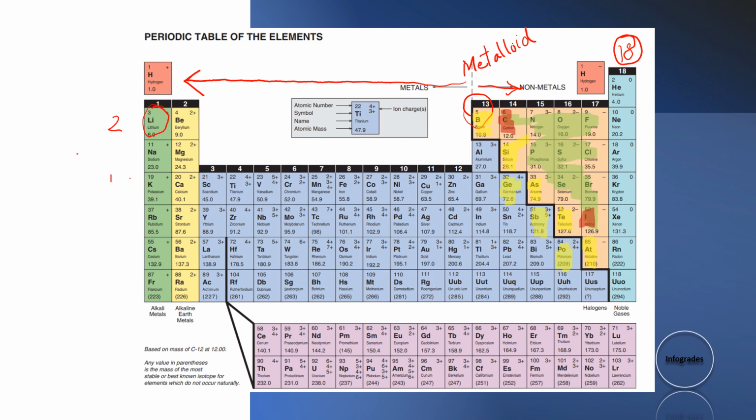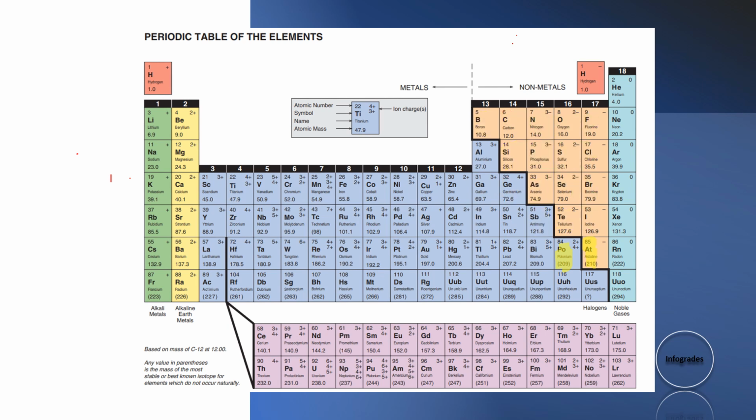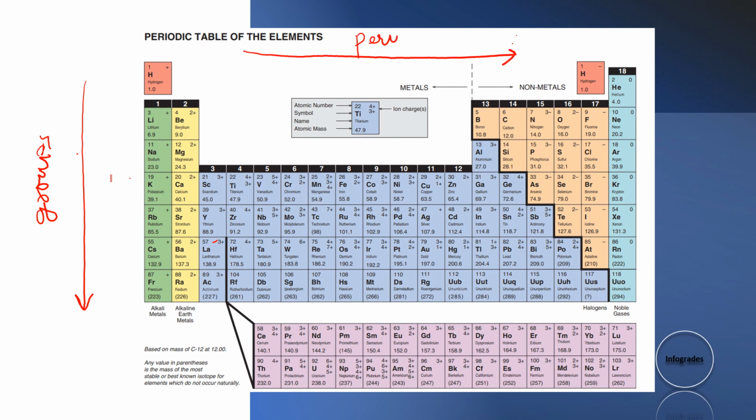So let's quickly summarize what we have done so far. We have already done the periodic table: the vertical columns are called groups, the standing ones. The rows that are laying down are periods. A total of 7 periods, a total of 18 groups.